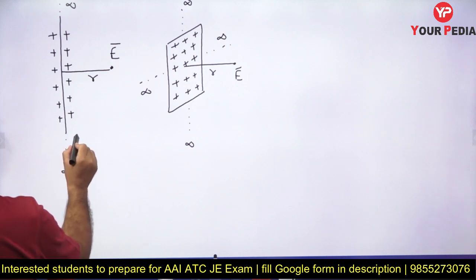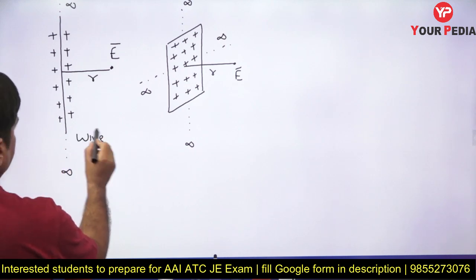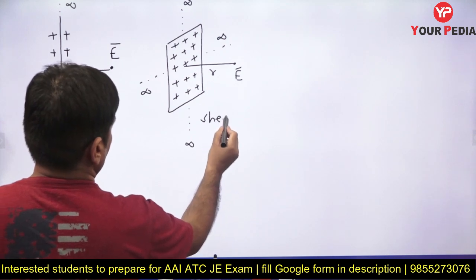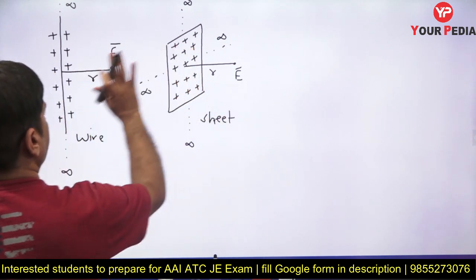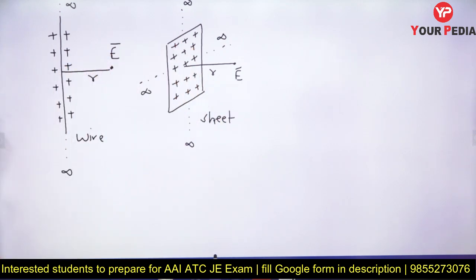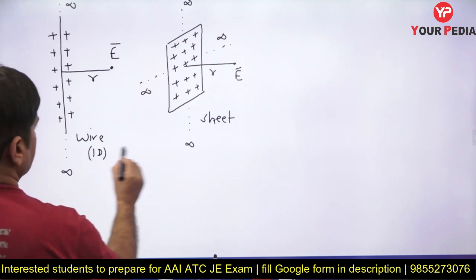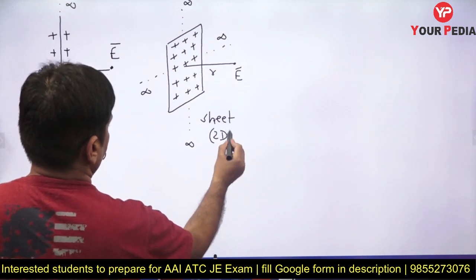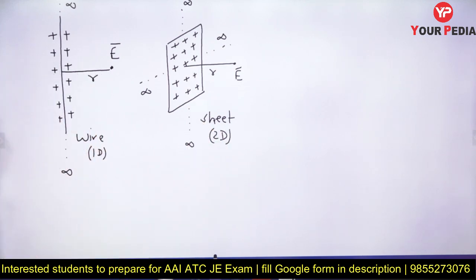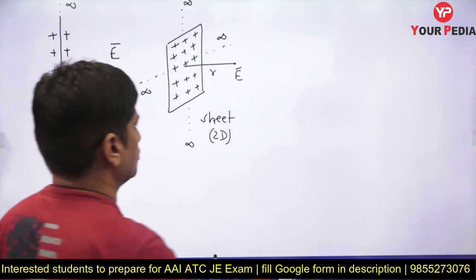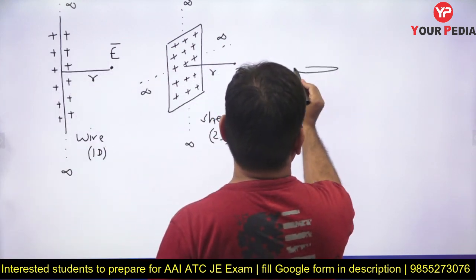This is basically a wire, this one is a sheet. You know the difference between the two. This is a one-dimensional entity, only length, this is two-dimensional, it is a plane, and then we can think of three-dimensional things also.